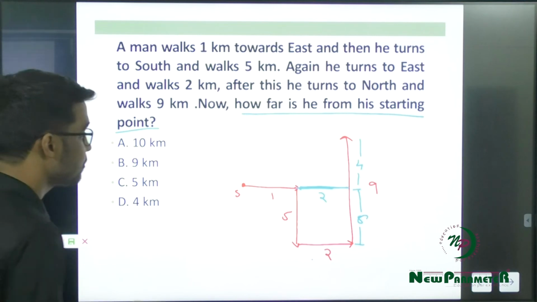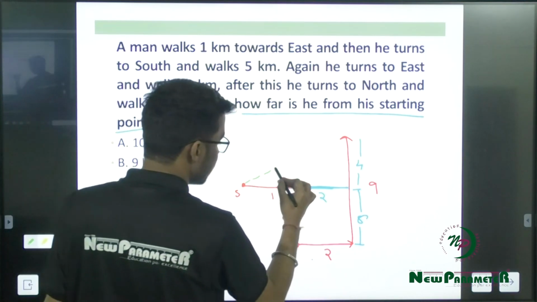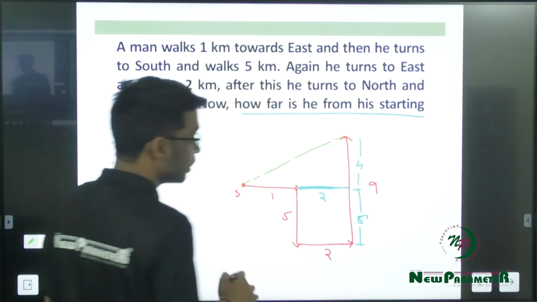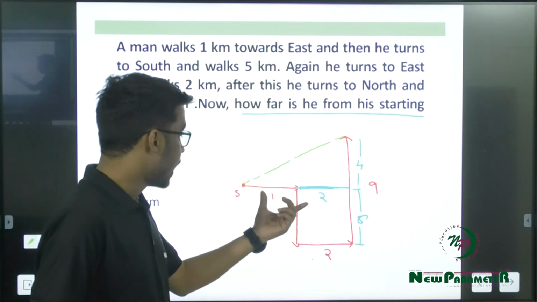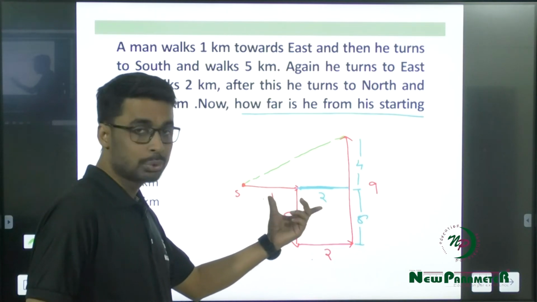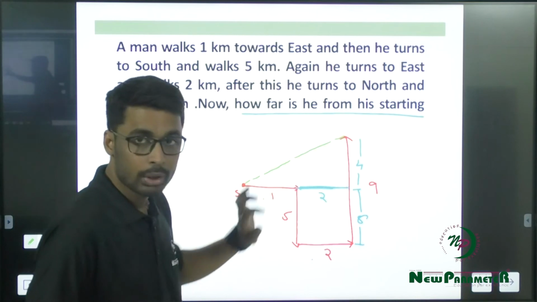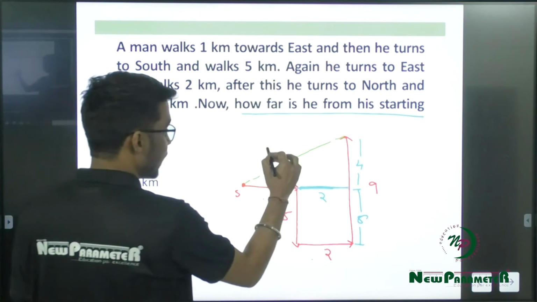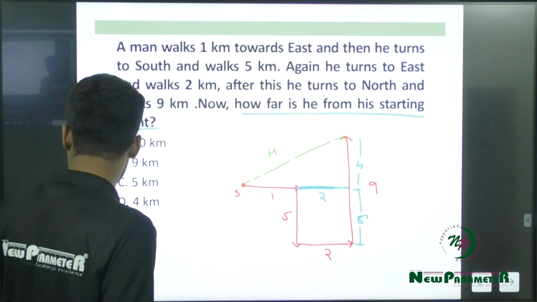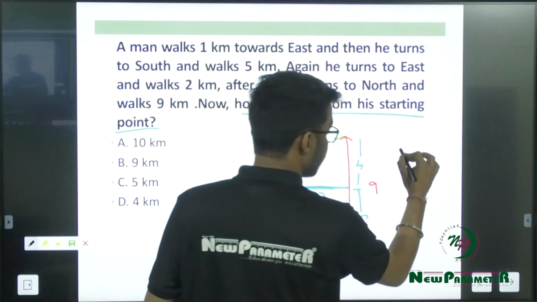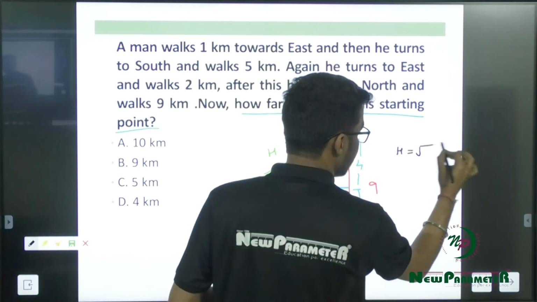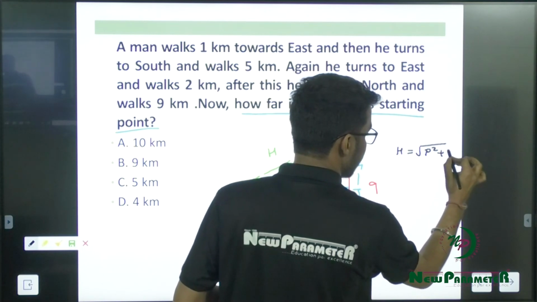And now I have to find how far he is from the starting point. I will be joining these two points, and my base would be 1 plus 2, that is 3, and my perpendicular would be 4. So I have to find this hypotenuse, and as I have told you in the formula, hypotenuse equals root of p square plus b square.